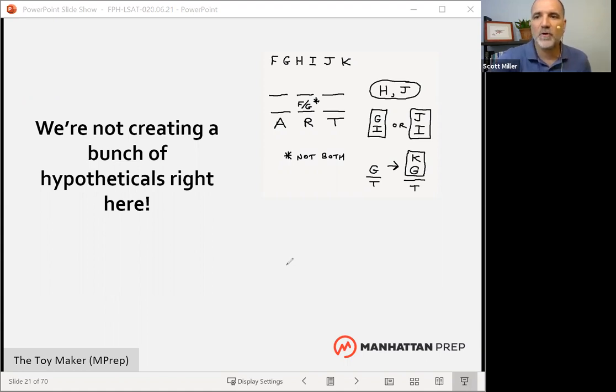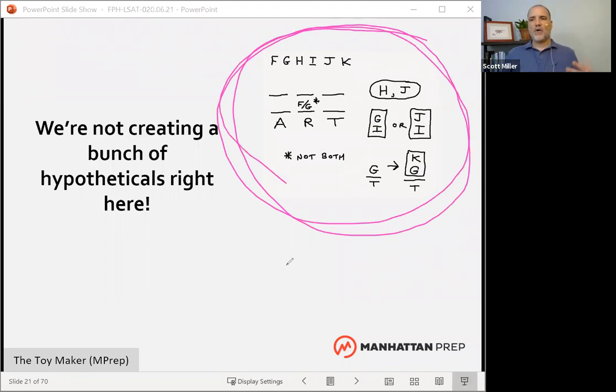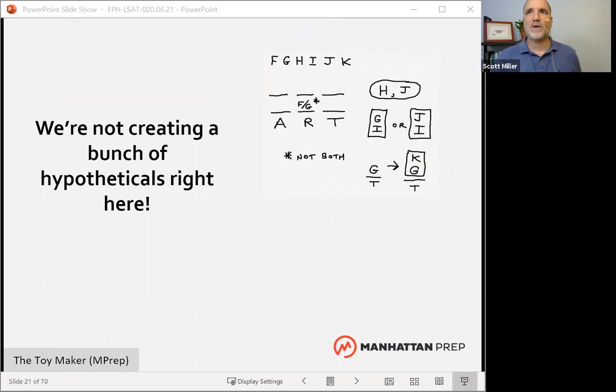Get comfortable answering the questions with just a really good basic overall diagram that represents the rules and shows inferences that must be true, not the could be's, but the must be's. And the better you get at using that general diagram to approach the questions, the less you rely on creating a bunch of solutions up front, the better you're going to be. Unless you understand what framing is all about and you're comfortable framing, then yeah, there are some games where we would look at some specific solutions up front.